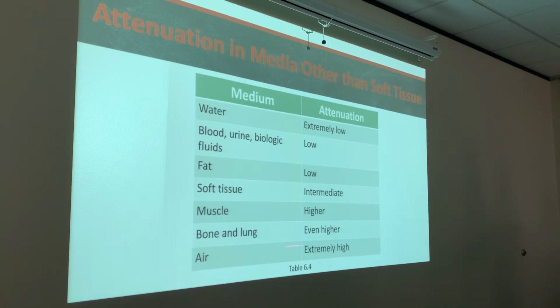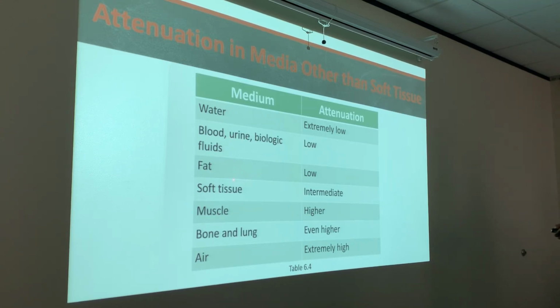Again, the reason for lung and air is this: a lot of these other structures contain some kind of fluid. The more fluid in the structure, the less attenuation. Think about water, blood, urine; all those have fluid in them.